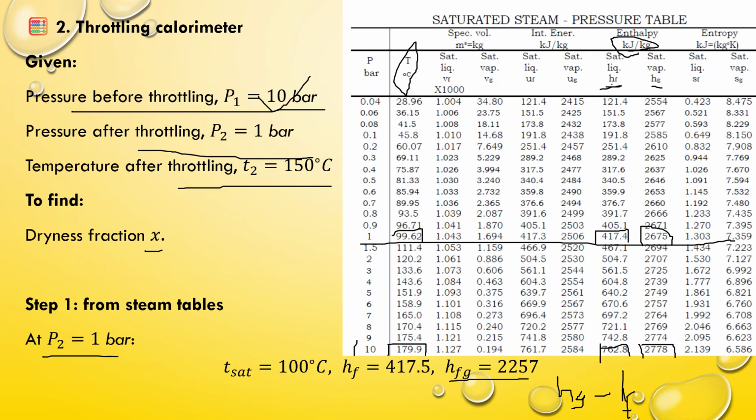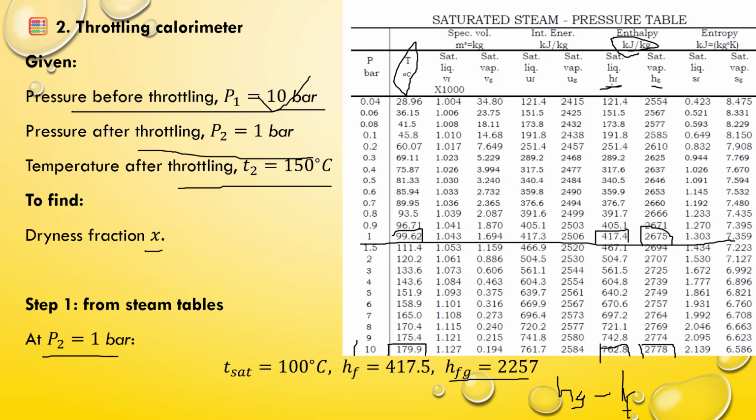So if you want to find out HFG at 10 bar, it is almost, you can say, 2778 minus almost 762. So it is around 2010 or like that. That we have to use at later stage.